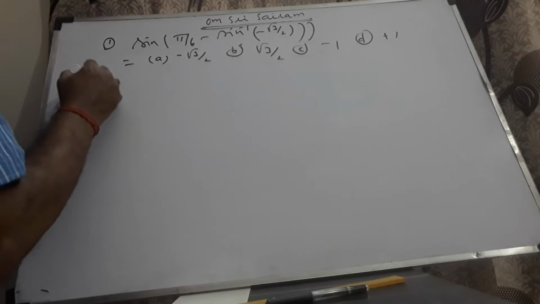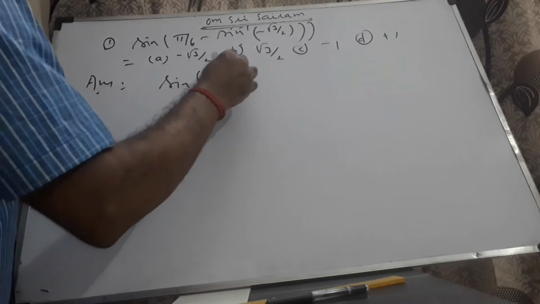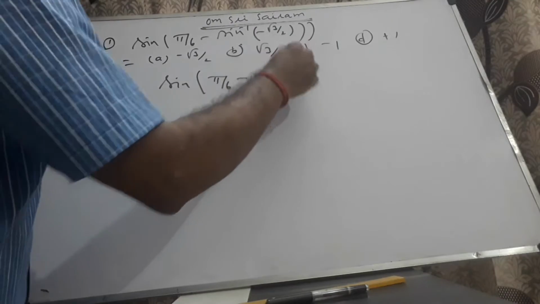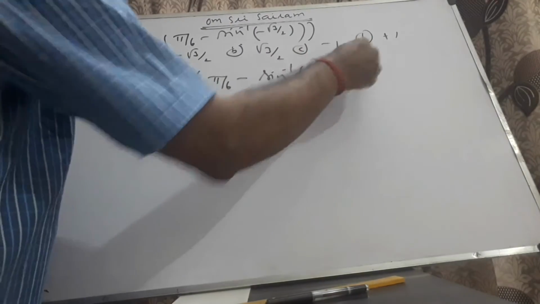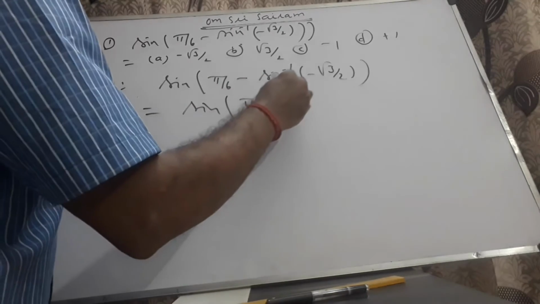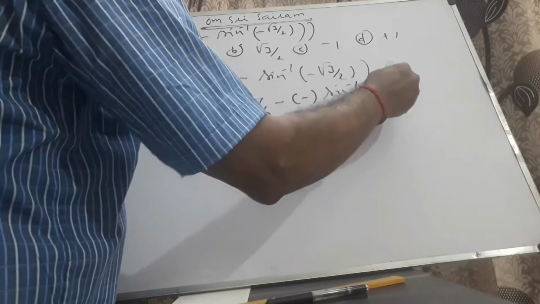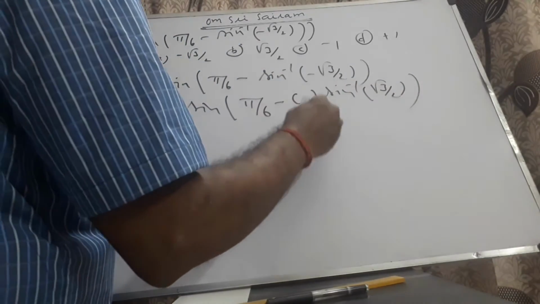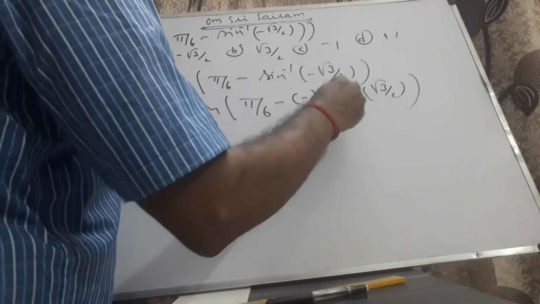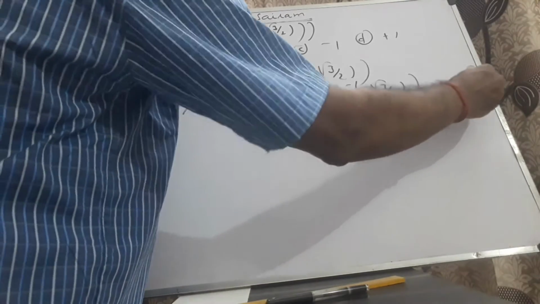Just listen, answer goes like this. Sine of pi by 6 minus sine inverse minus root 3 by 2 will be sine of pi by 6 minus of minus sine inverse root 3 by 2, since sine inverse minus theta is equal to minus sine inverse theta.